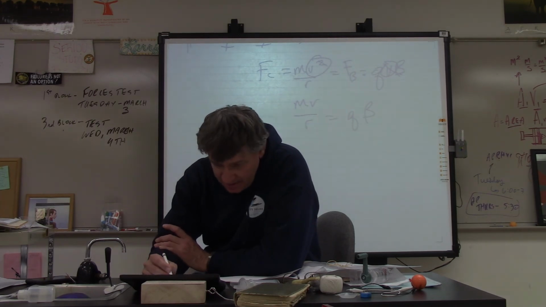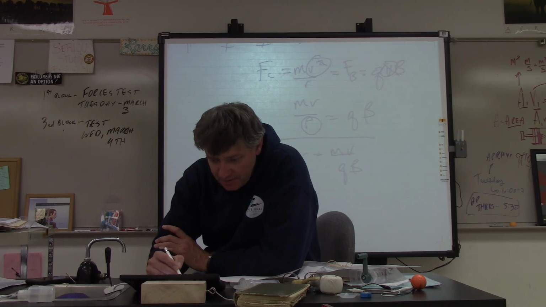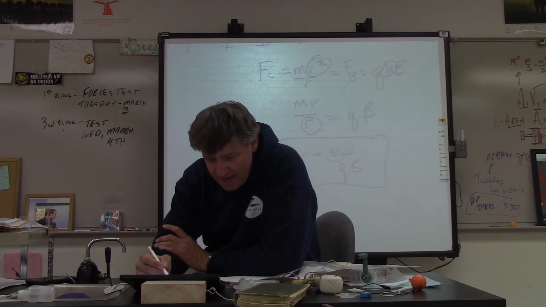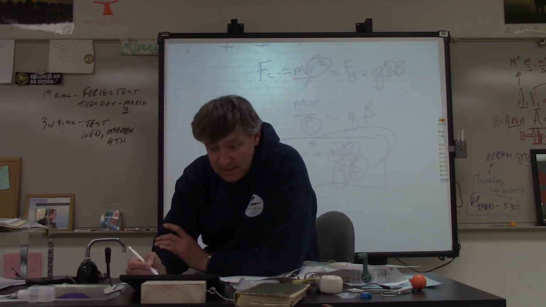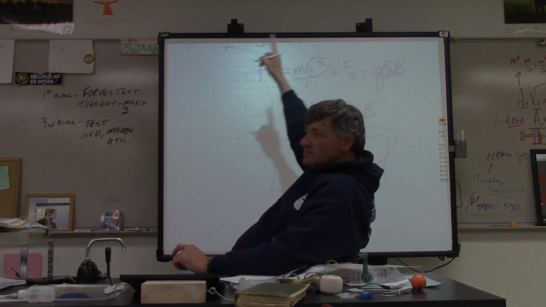And so then, for example, if you wanted to solve for r, you could have mv over QB. So if you know the mass of an electron, and you know how fast it's going, and you know its charge, 1.6 times 10 to the negative 19th, and you know the strength of the magnetic field, you can calculate the radius of that circle.